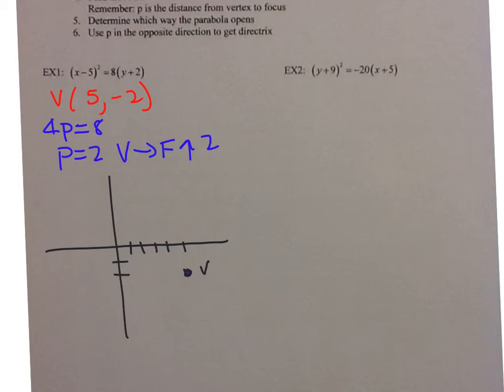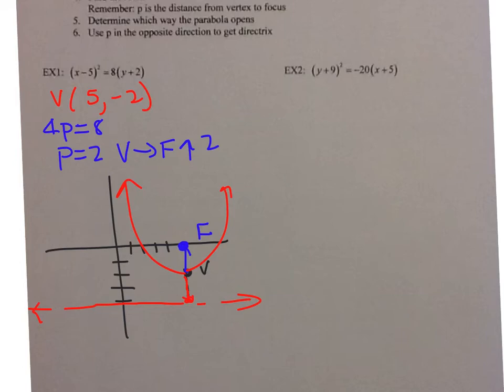It's going up 2, so up 1, 2. This would be my focus. And down 2 from the vertex would be my directrix here. And then it is concave up.